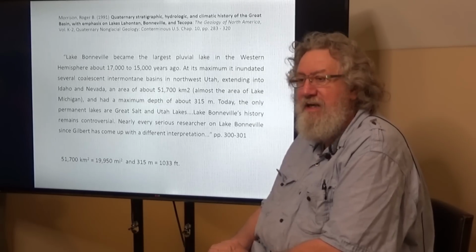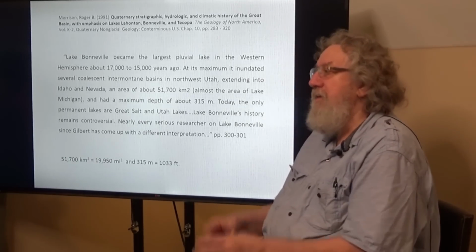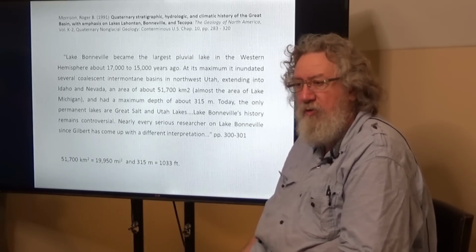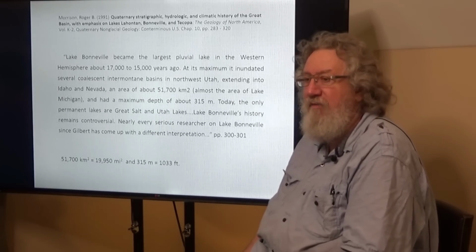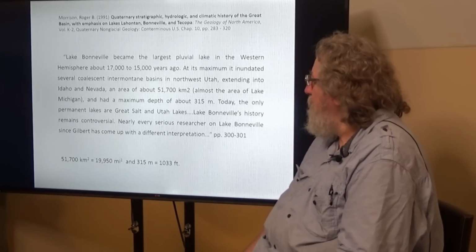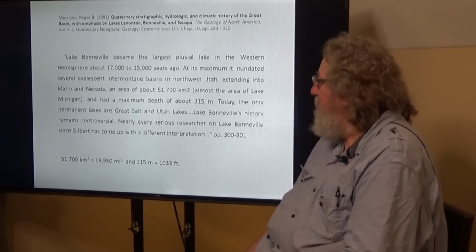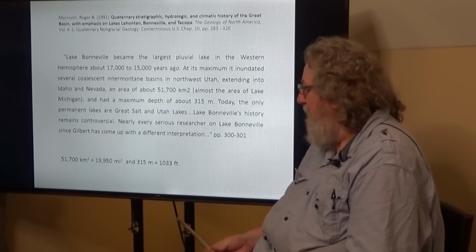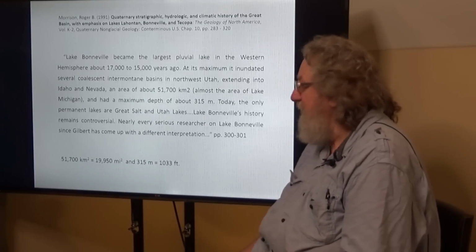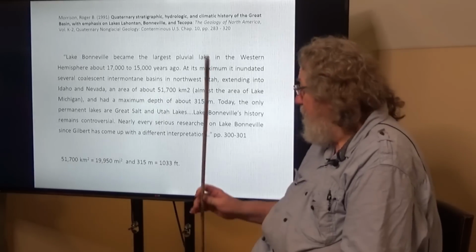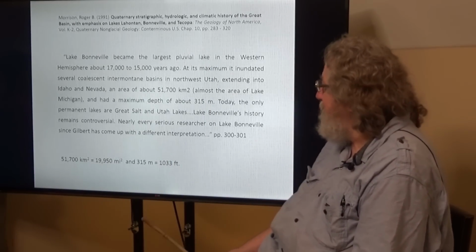At its maximum, it inundated several coalescent intermontane basins, meaning in between the mountains, in northwest Utah, extending into Idaho and Nevada, an area of about 51,700 square kilometers, almost the area of Lake Michigan, and had a depth of about 315 meters. At the bottom I've shown you that 51,700 square kilometers is about 19,950 square miles. 315 meters is just over 1,000 feet, about 1,033 feet.